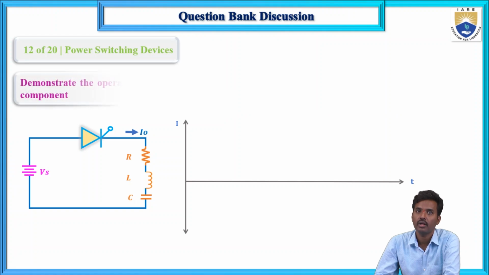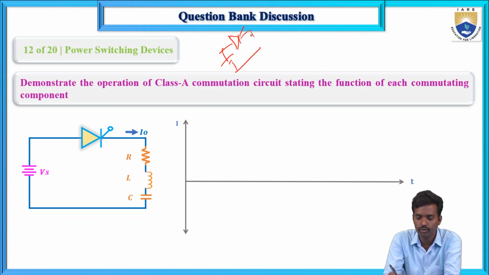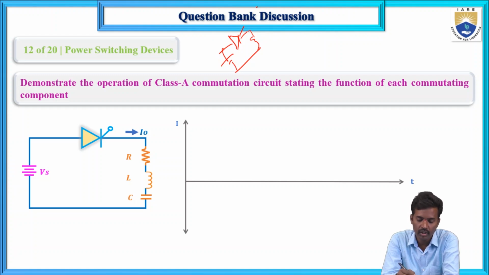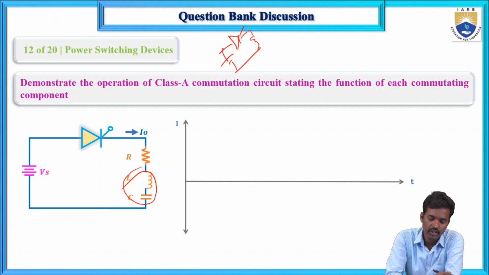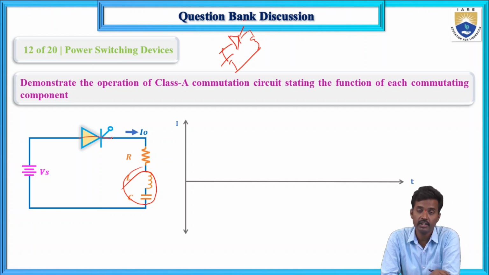Now, demonstrate the operation of the class A commutation circuit and the function of the commutating components. Here this is the SCR, this is the forced commutation, and this is the load. When it is turned on, we need to turn it off. The L and C components are the commutating components. When it is conducting, the SCR acts as a short circuit.